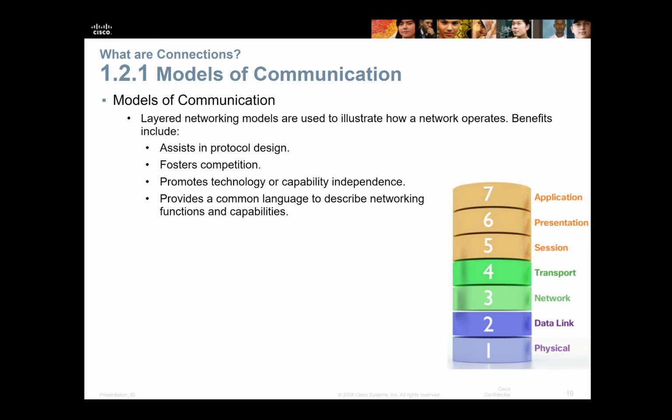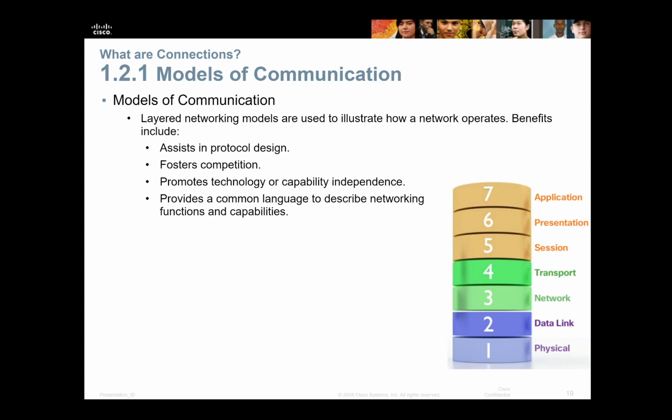And then we have the session, meaning you open your browser, for example, get a web page, then it actually opens up a session for your data flow. Then there's a presentation layer, which is in between your web browser and the session. So presentation, in the web, would be the HTML code, how it's flowing between session and application. Application is your browser, for example.